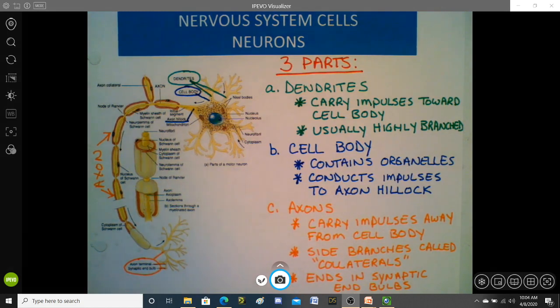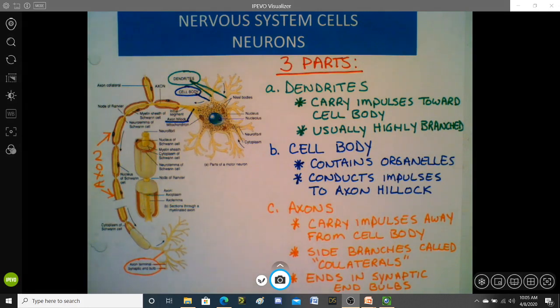These other cells that are going to be in the other handouts, 12B, C, and D, are called glial or neuroglial cells. And these cells are going to be helper cells. They're going to be structural cells. They're going to be aiding and helping the neurons move their action potentials.